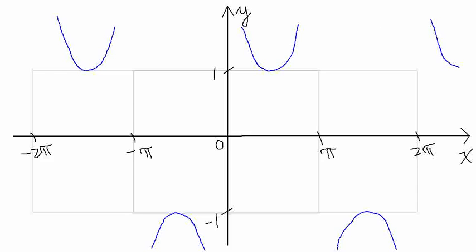All right, so there is a sketch of the cosecant function graph. And notice that the distance between the peaks with respect to the x direction is, again, 2 pi. And the distance between the valleys is also 2 pi. So we can say that the period of the cosecant function is 2 pi.